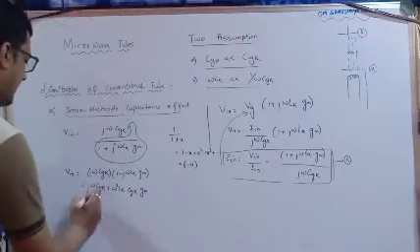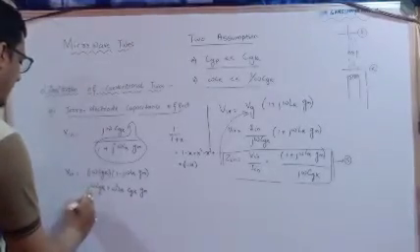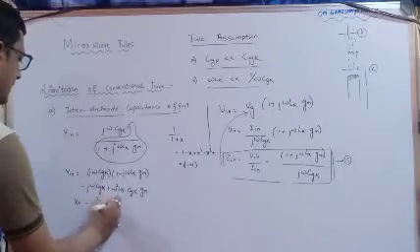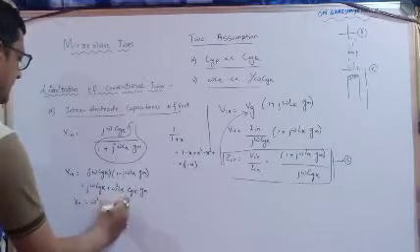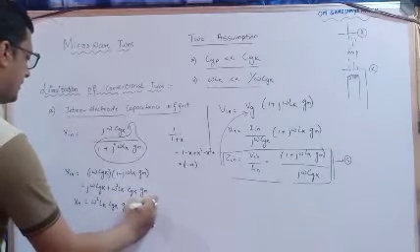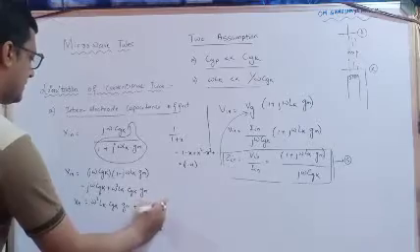So that means it consists of a real part and an imaginary part. Omega square Lk Cgk Gm plus j omega Cgk.